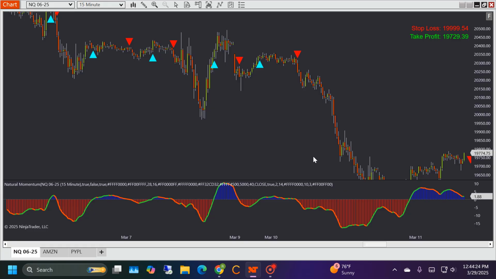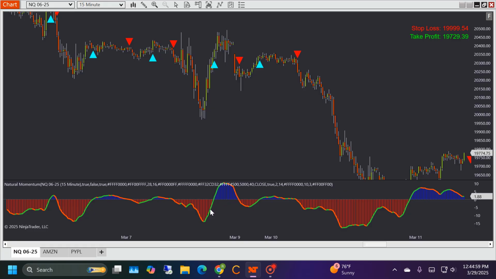It's got two parts to it. You can see here we have the line, and when it is crossing above or below the zero line, we'll get the buy or sell signals. And then also on the line, you can see it is turning green or red, indicating where that momentum actually is.